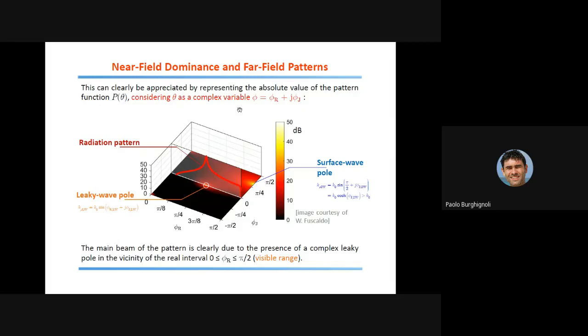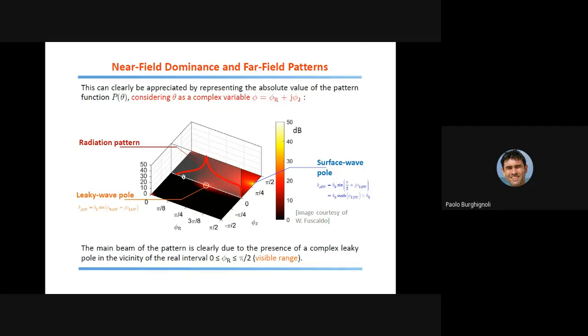If you examine what happens on the real axis, what you see is this red curve, which gives you the shape of the radiation pattern as a function of theta, which is phi r, that goes from 0 to pi over 2. Now, this pattern has a very peaked shape. You can see there is a sharp maximum.